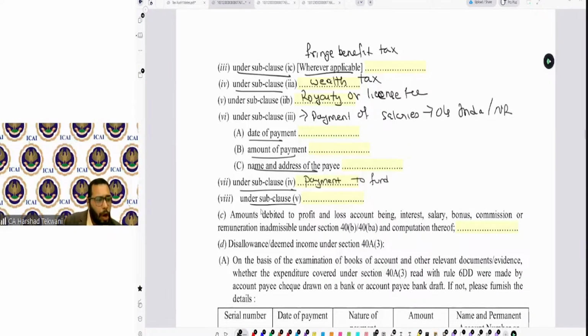And subclause 5 talks about any tax actually paid by employer under clause 10CC of section 10. Okay, so section 10, 10CC, tax payment. If that is the case, then that particular amount will be reported here.